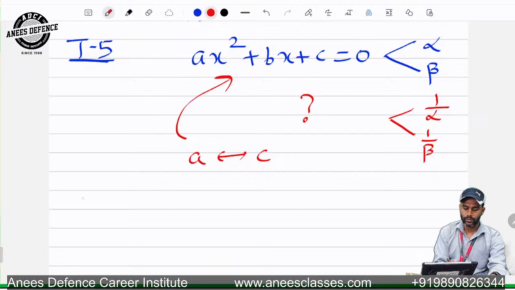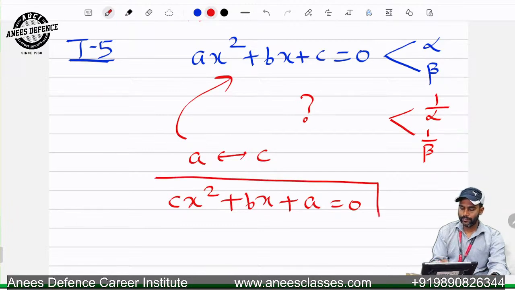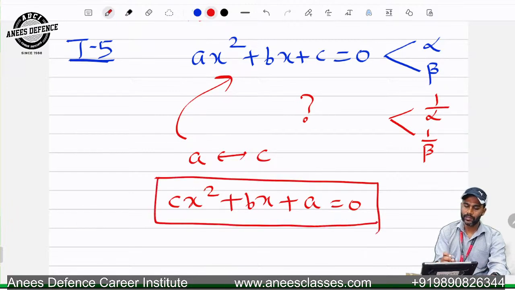Yes or no? Shall we take one example? I mean, the equation would be cx square plus bx plus a is equal to 0. Along with the sign, we have to interchange a and c. Yes or no? Okay. Example number 6. So let us take one more example.